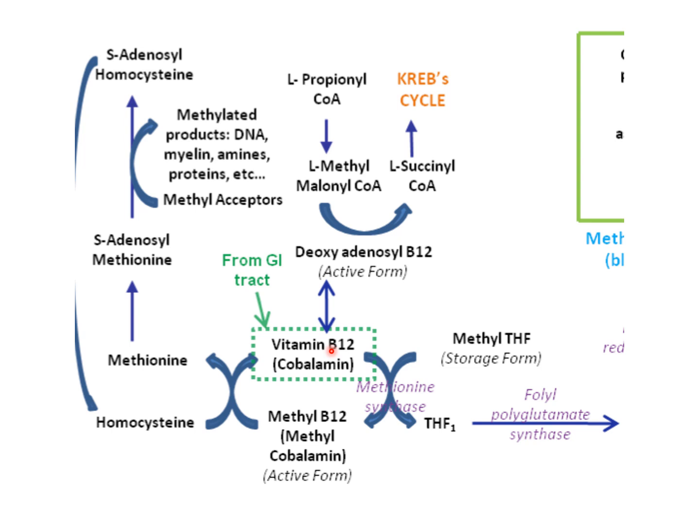Now, how does vitamin B12 get converted to methyl vitamin B12? It is through a donation of a methyl group from the methyl tetrahydrofolate to vitamin B12. The methyl tetrahydrofolate then becomes tetrahydrofolate. And this tetrahydrofolate is what eventually gets converted to the active and storage forms of tetrahydrofolate.